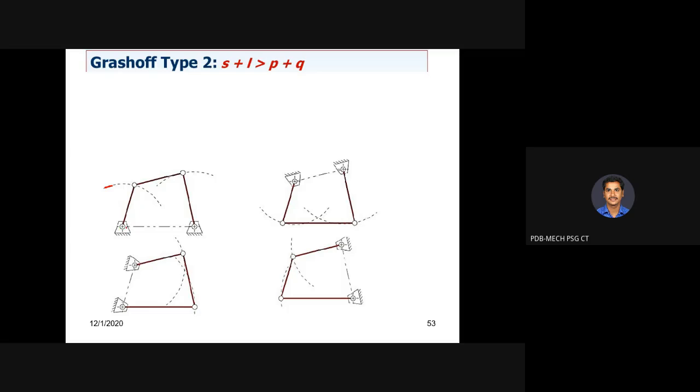If you assume this link is fixed and input is given here, this link is going to make rocking motion and correspondingly this link is also going to make rocking motion. Similarly for the opposite link. So whichever link you fix, you will be getting only rocking motion.